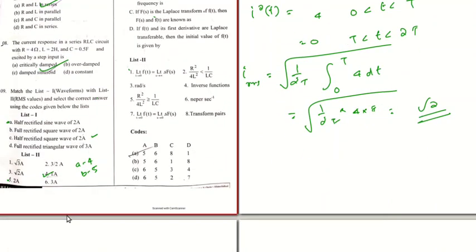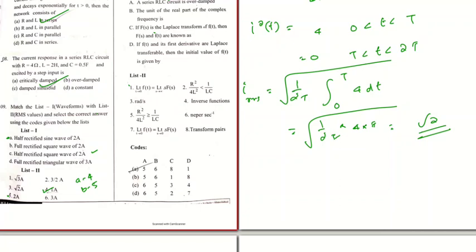Now taking the mean of it, I get 1 by 2t integral 0 to t of 4 dt. Let me take the RMS value right away: RMS is root of 1 by 2t times 4t, so it will be root 2. That means C's answer is root 2. Where is root 2? Third option. So C is 3.